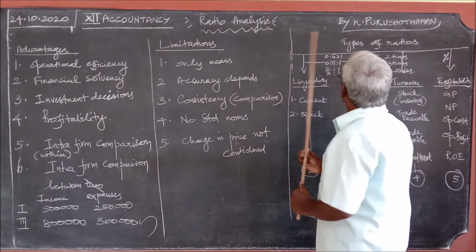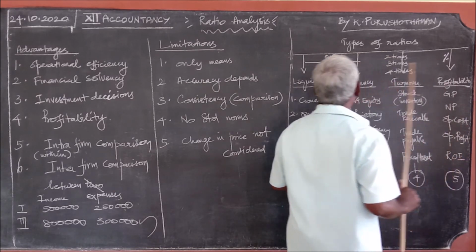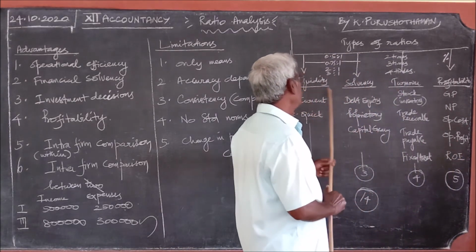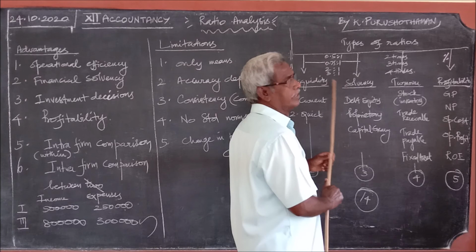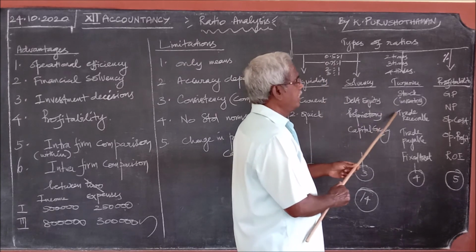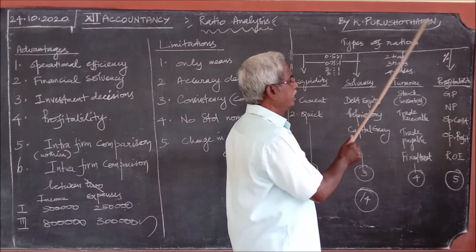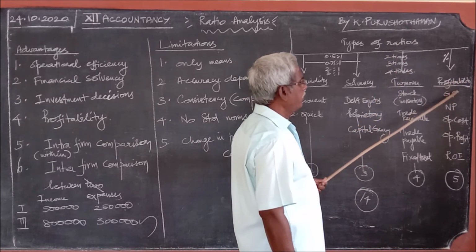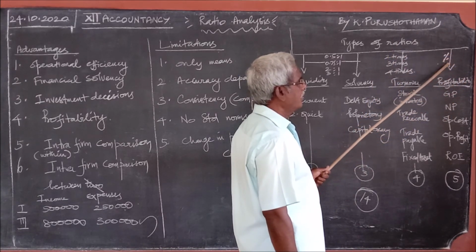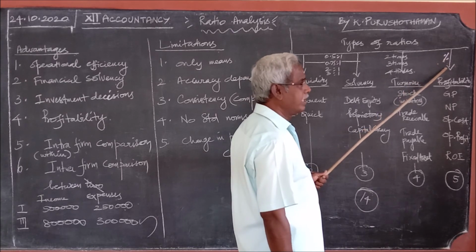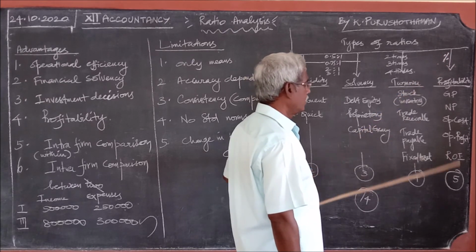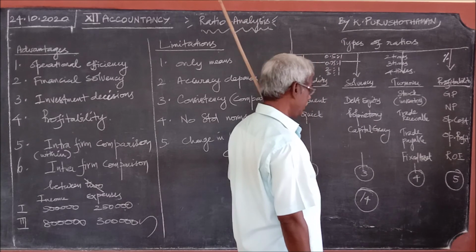You should bear in mind these ideas also. If the question is regarding the turnover ratios, we should write like this. And if the question is regarding the profitability of the business, the answer should be with percentages. So, bear all these things in mind.